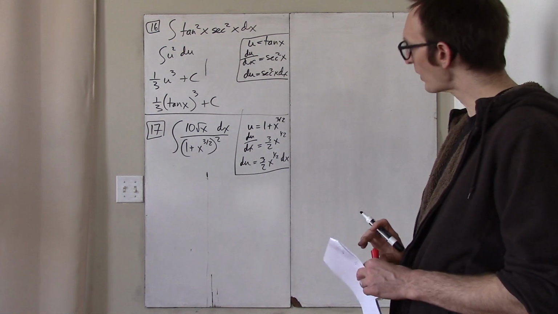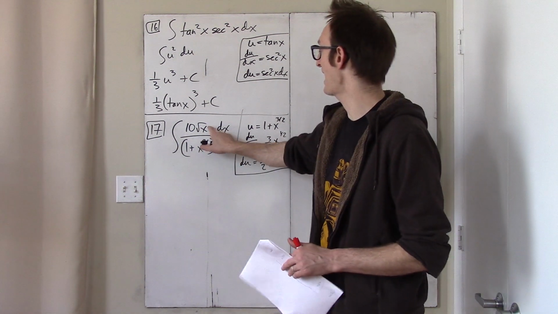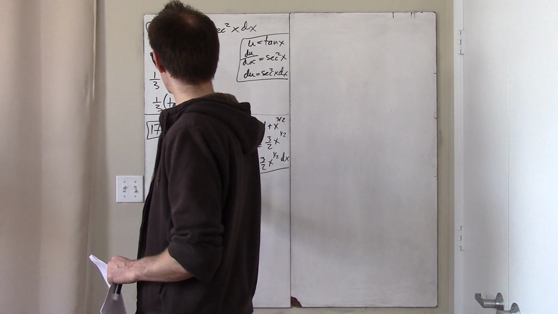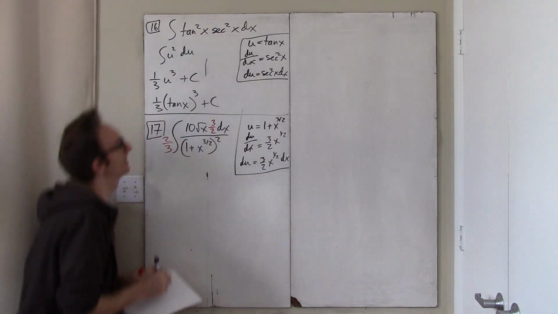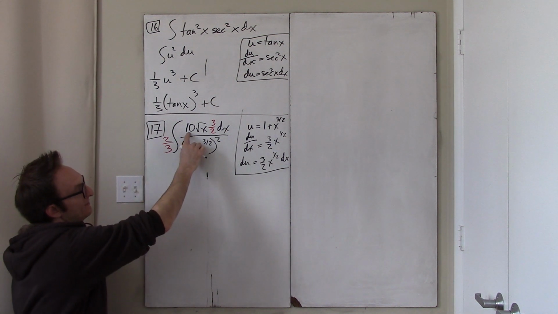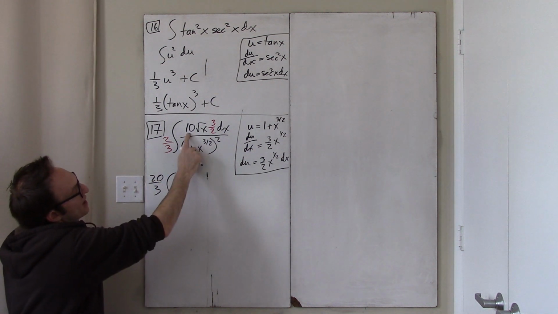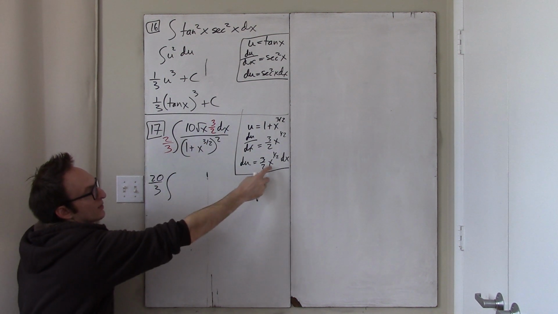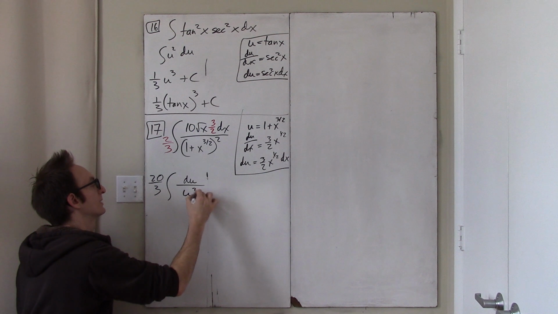Good. Now I don't quite have a 3/2 there, so I need to stick it in. So I stick in the 3/2 and I undo the damage with the 2/3. I hope we're getting better at this. I hope I'm showing enough steps. So now I'm going to take out the 10, so that becomes 20/3 times the antiderivative. I took out the 10, so I'm left with 3/2 root x dx, which is exactly the du. So this becomes du over u squared.